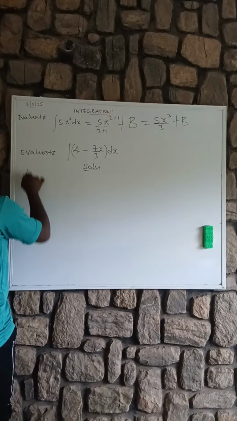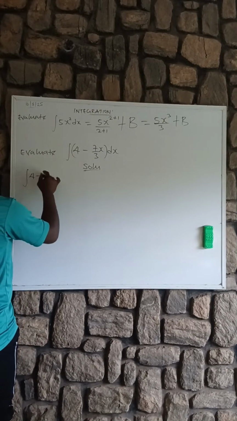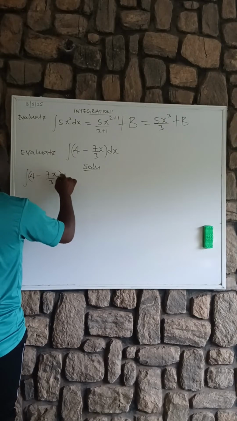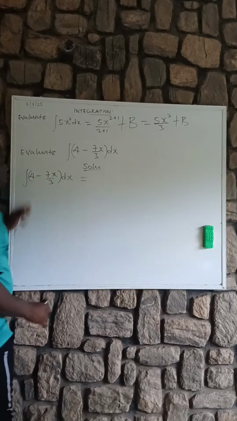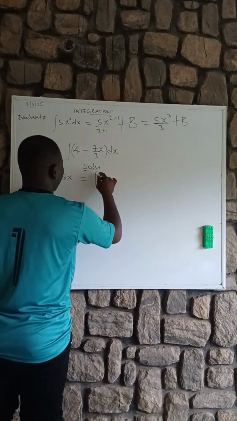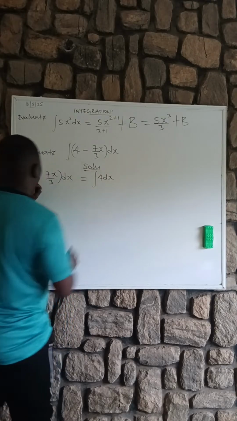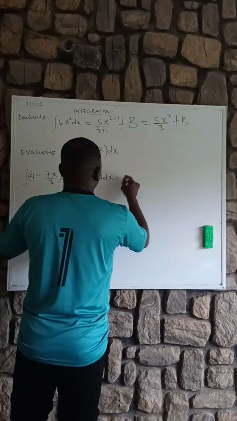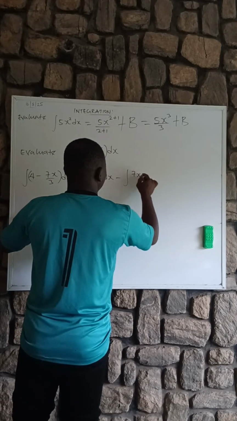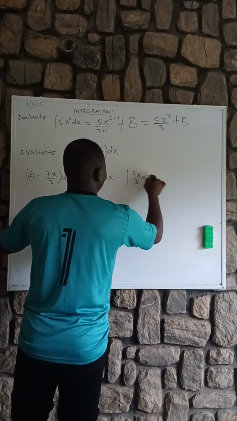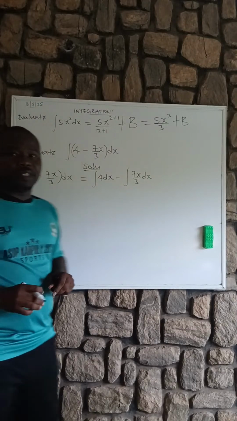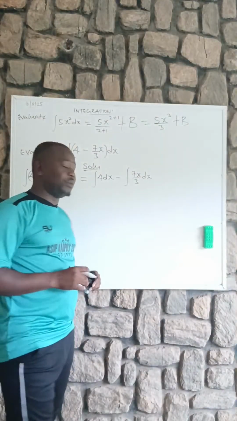Our integral of 4 minus 7x all over 3 dx. Let's transform it the other way. It means integral 4 dx, minus integral 7x all over 3 dx. It means this and this, they are all the same thing. Do you understand? You agree with me?